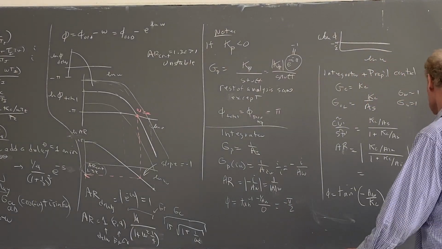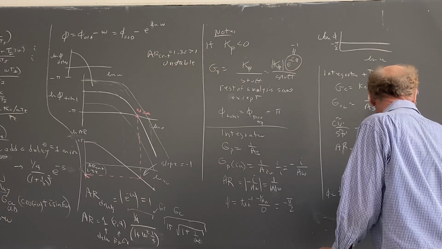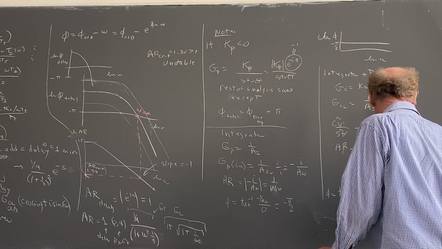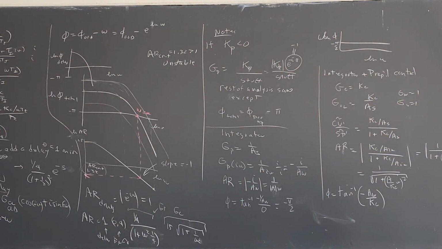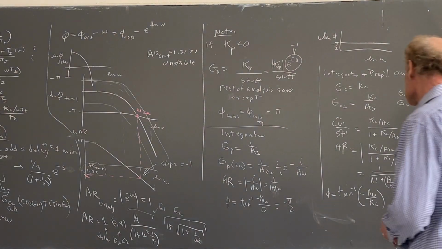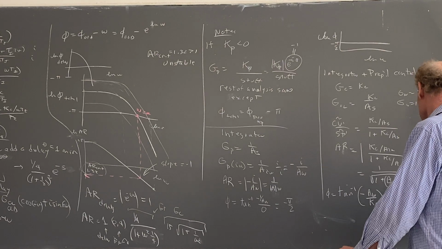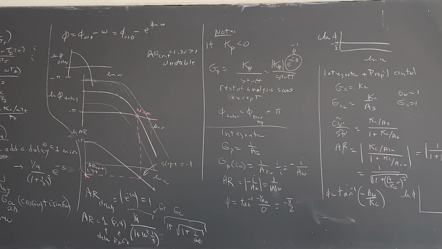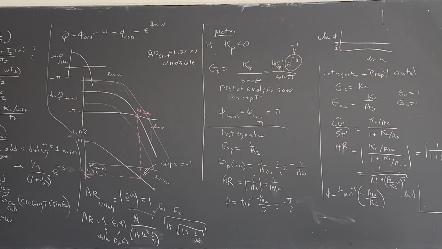And the amplitude ratio is 1 over the square root of 1 plus A over Kc omega quantity squared. So it looks just like the first order system. And so let's notice what this thing looks like. Log phi versus log omega. It looks exactly like these guys for the first order system.